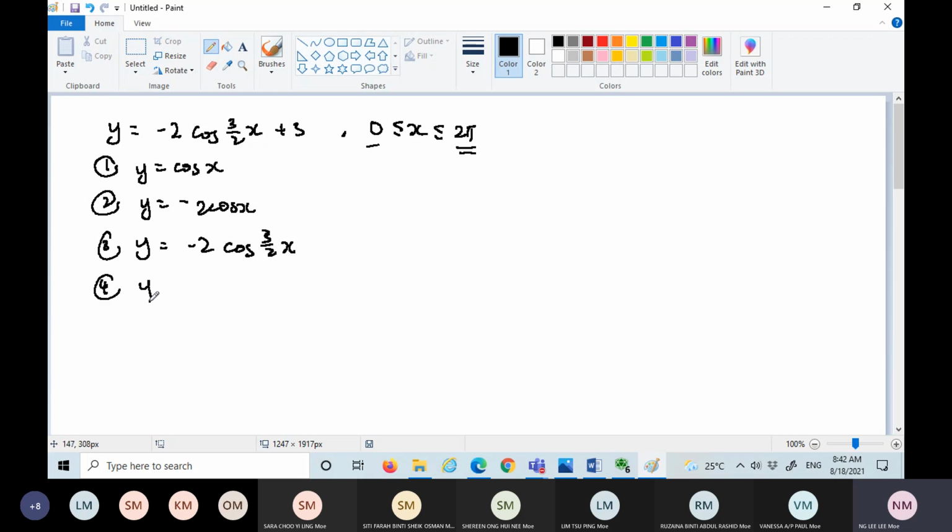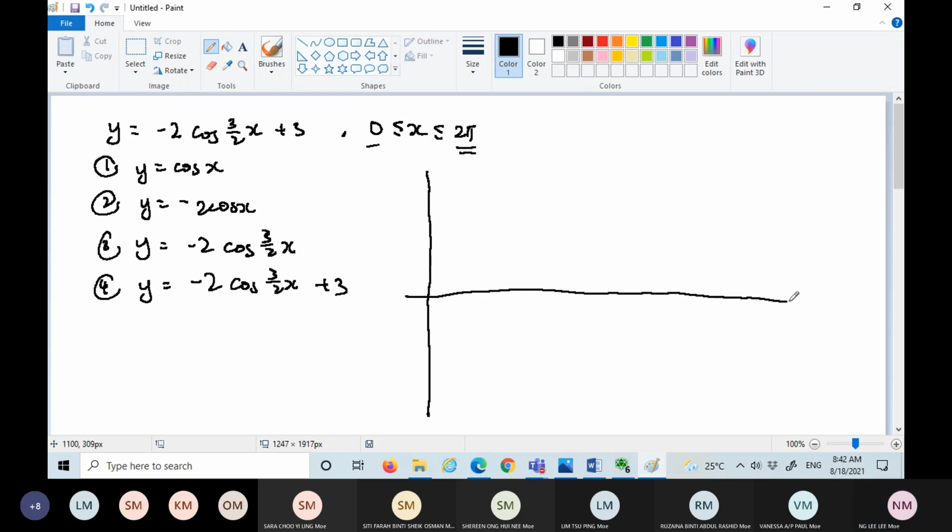Number 4, lastly, only draw the graph that we want. Add in the c. So now I try to draw it here in the same scale, in the same axis.